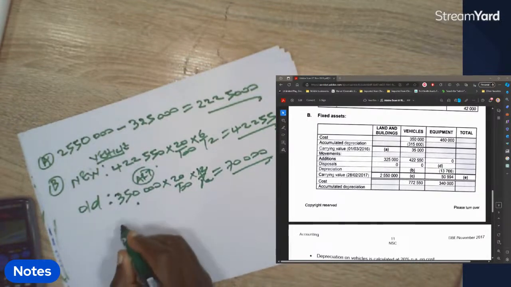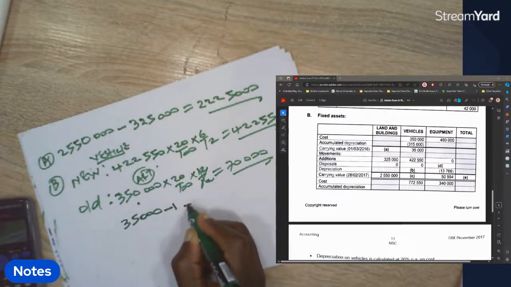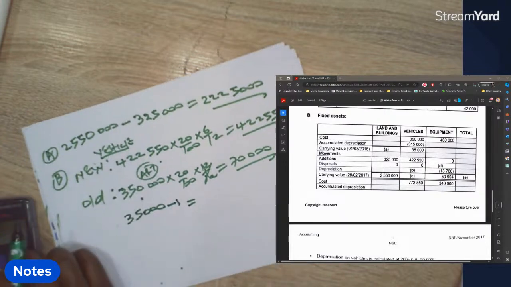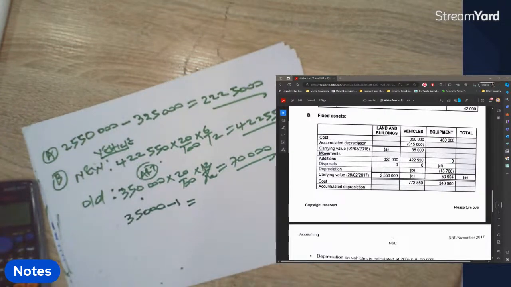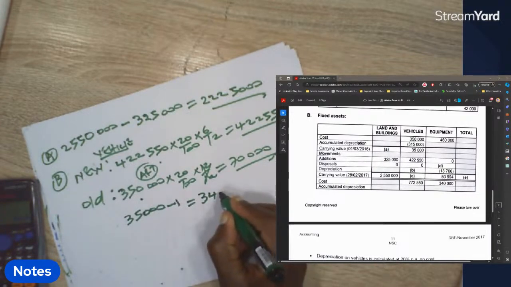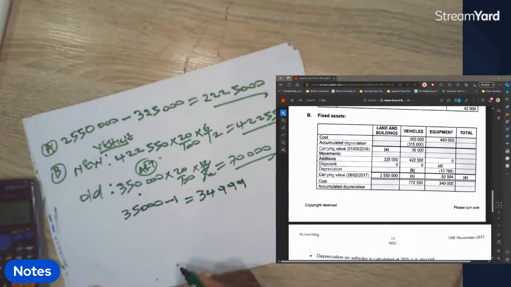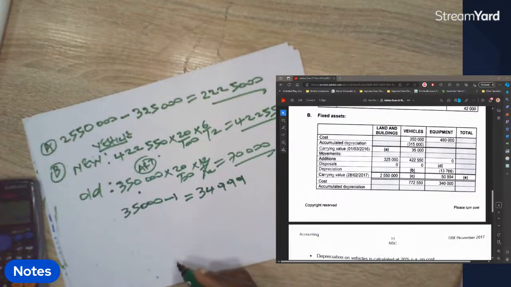So from this 35,000 of the carrying value, minus 1. Let me use the calculator: 35,000 minus 1, you get 34,999. So that's what is happening now.